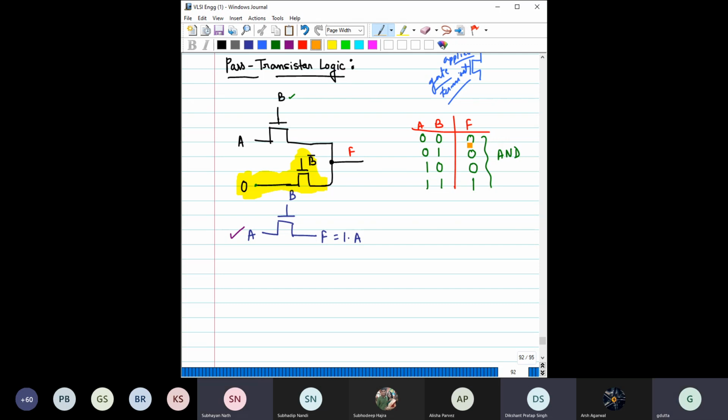Let's see that. You are considering 0, putting 0 for B, then what is the value of F? It is floating, so it is a cross. So that way you are not getting this one, right?